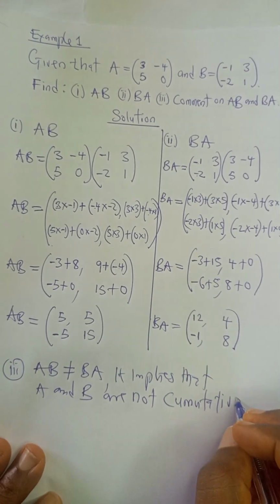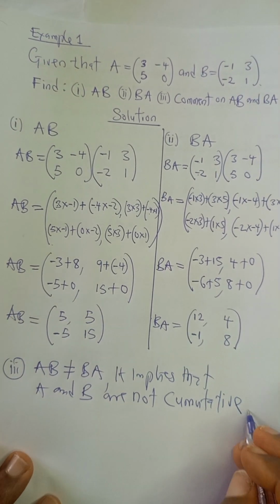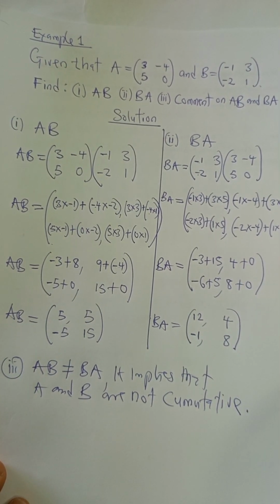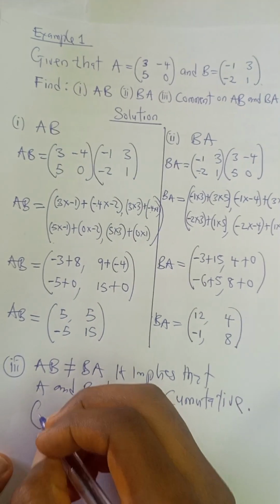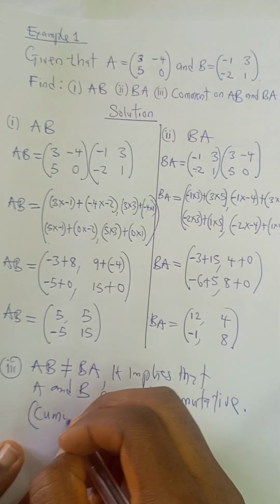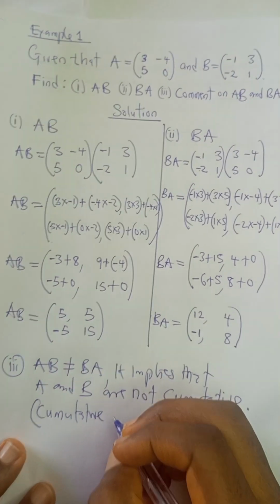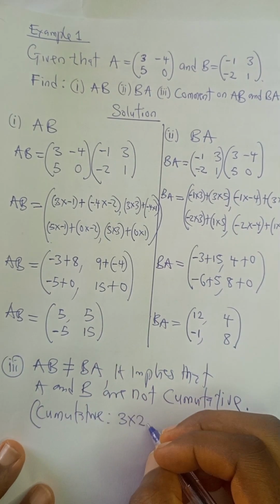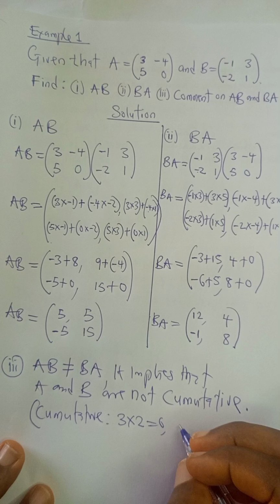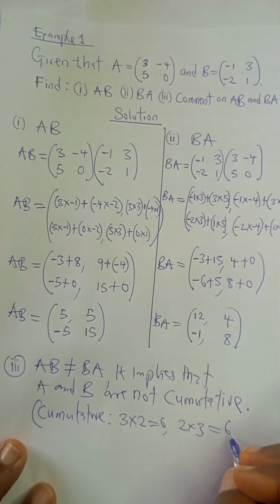commutative. What does it mean to be commutative? Commutative for multiplication means that 3 times 2 is equals to 6, and 2 times 3 is also equals to 6.